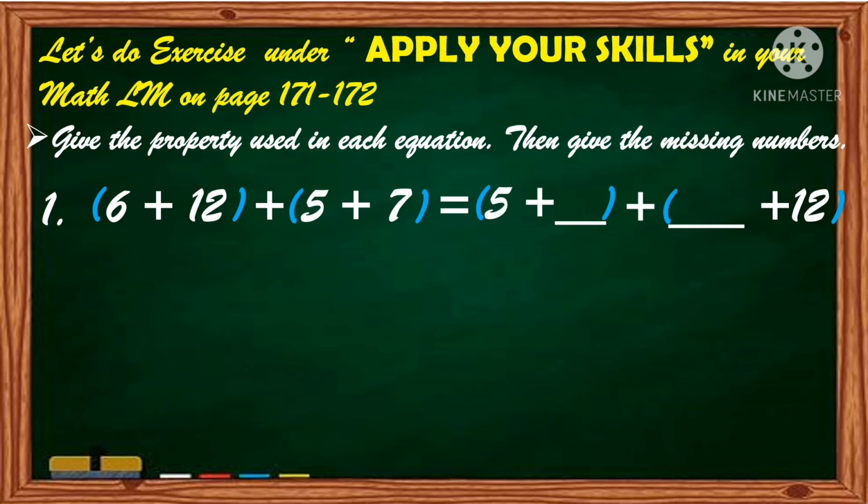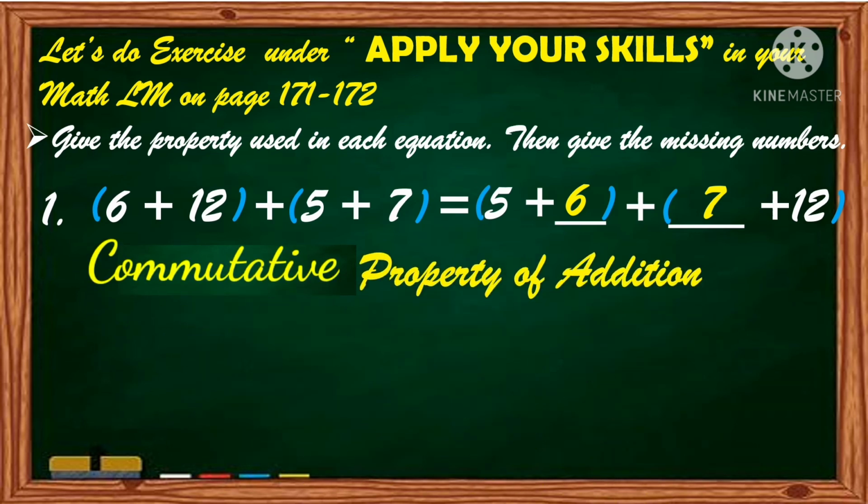Write down your answer. Okay, let us check your work. 6 and 7. And that is what kind of property of operation? That is commutative property of addition.